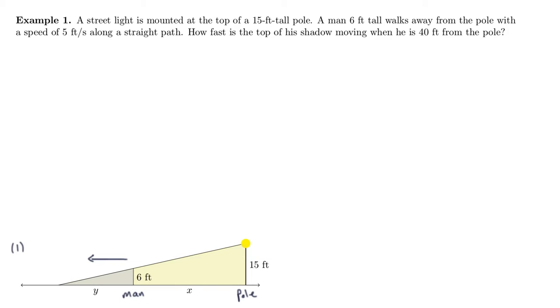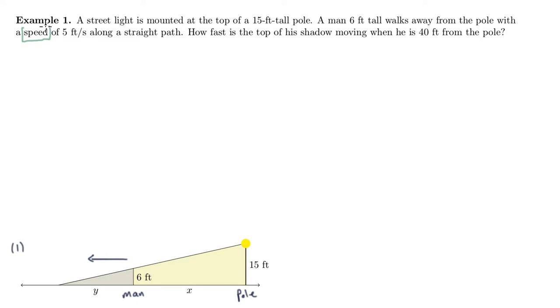So let's go back to the problem and look for some keywords. A street light is mounted at the top of a 15-foot pole. Well, that's just telling us that that's 15 feet. A man 6 feet tall, that's just telling us this, walks away from the pole with the, well, here's a keyword.